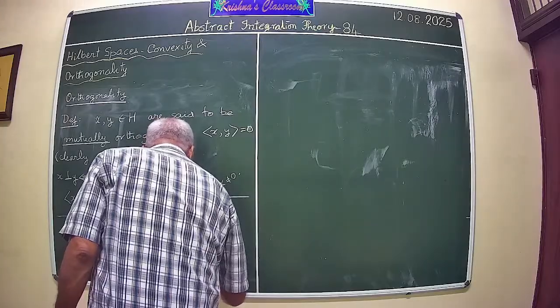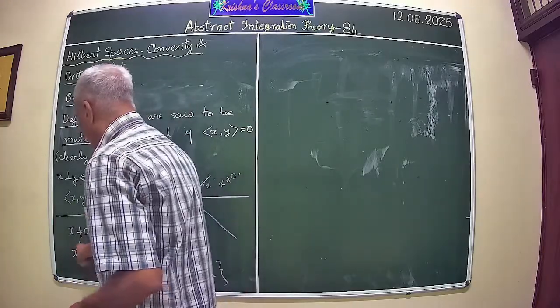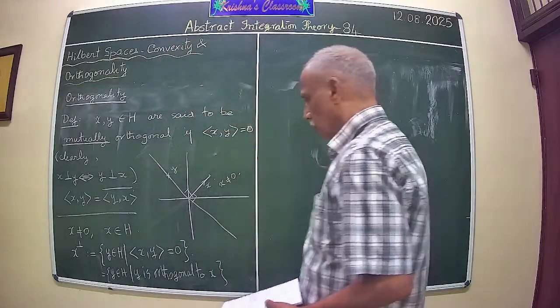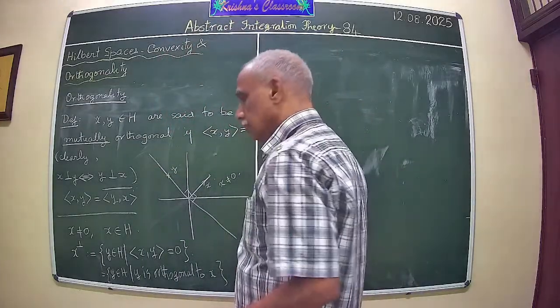Now this we designate by x with a symbol like this, which is read as x perp. This is called x perp.